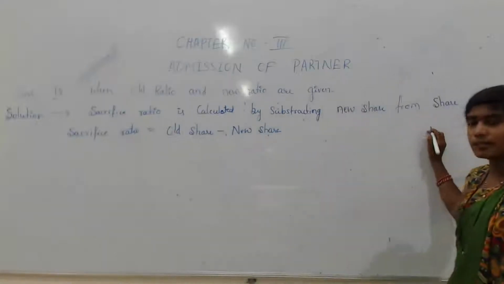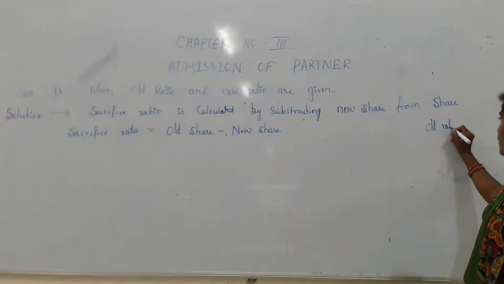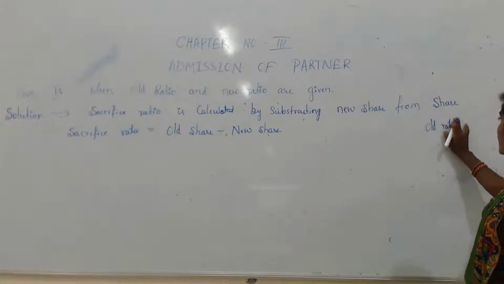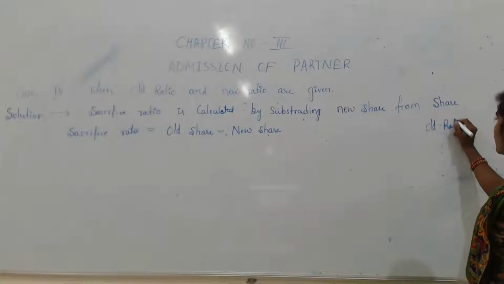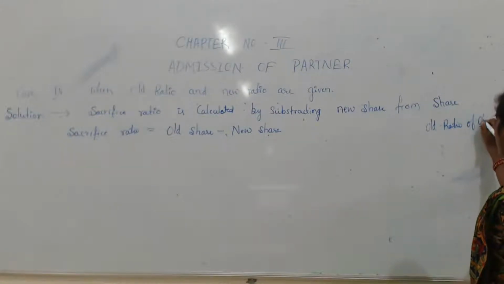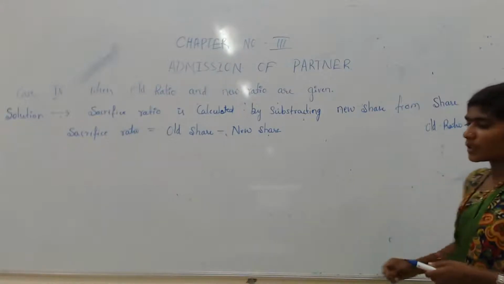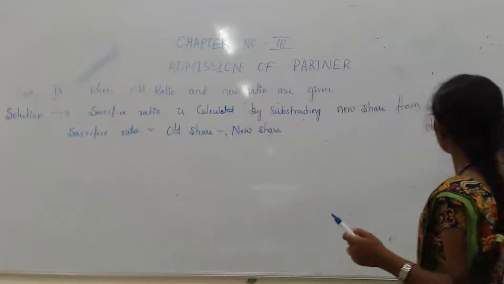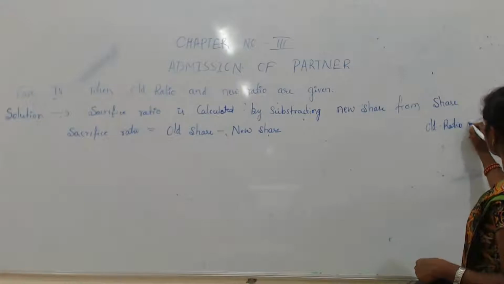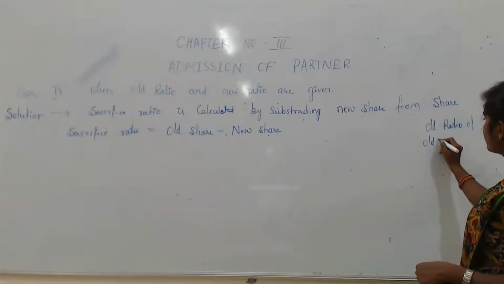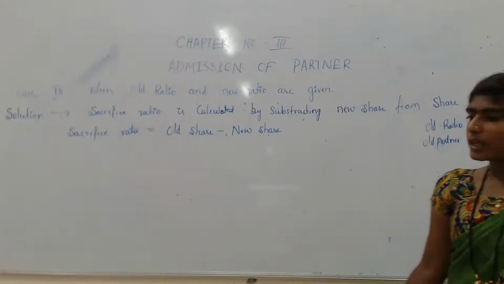This is the old ratio of old partners, 3:2.